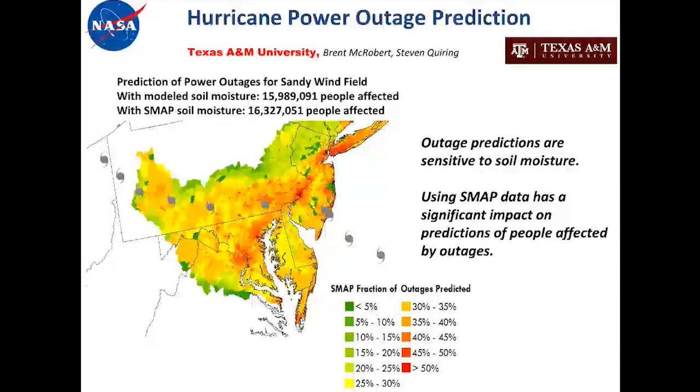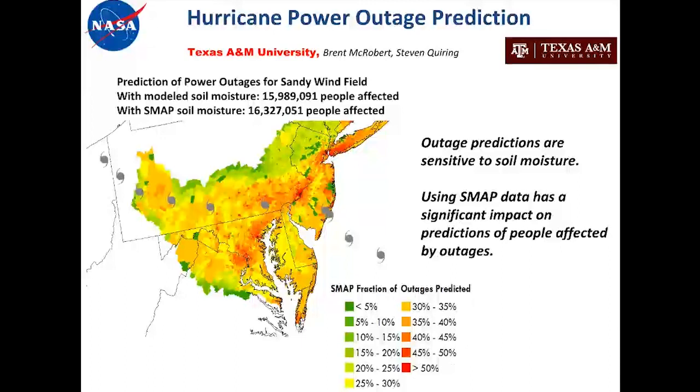Another use of SMAP data in flooding, which I mentioned earlier when we were looking at the general applications, is prediction of power outages. What Steve Quiring has done is, we were waiting for storms early on, and unfortunately we didn't have any storms for him to look at. So he looked at historical storms, and he applied SMAP data to the field areas where Sandy hit. And what he did was run a scenario, and he used modeled soil moisture, which was calculated, and then he used soil moisture observations from SMAP.